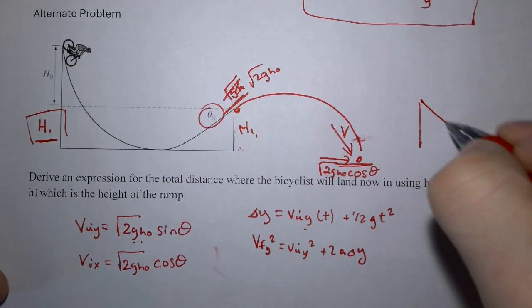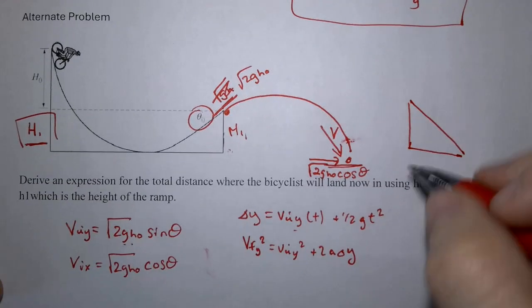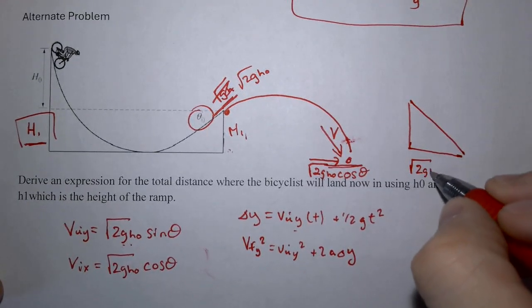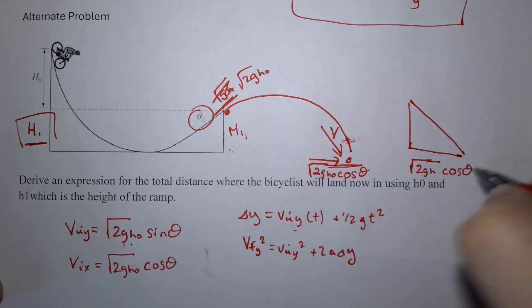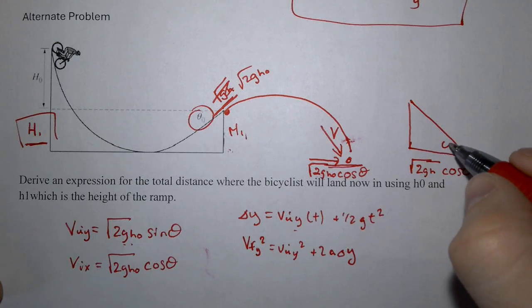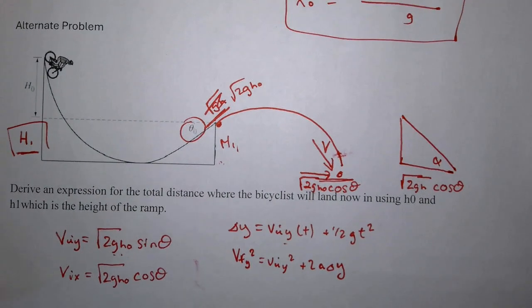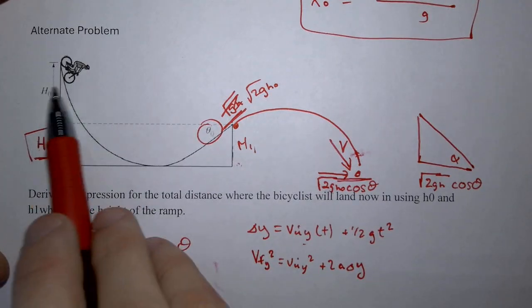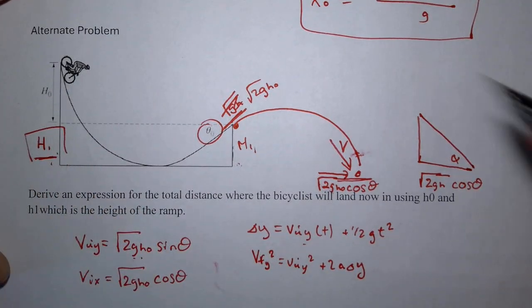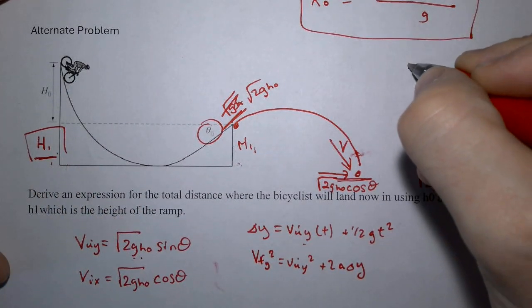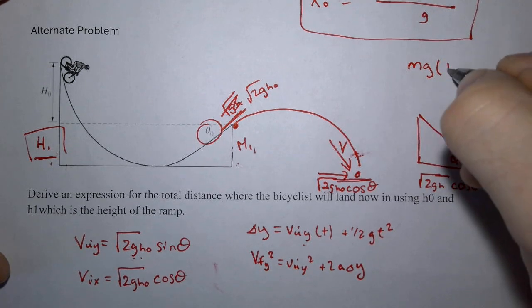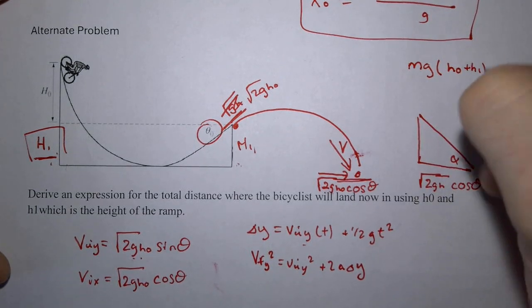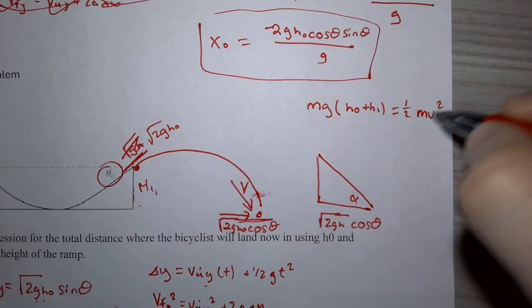So I'm going to redraw. We got square root of 2g h naught cosine theta. This is going to be a different angle. I'm going to call it alpha. All right. This speed in which it lands would be determined by the total height that it lost, which would be mg times h naught plus h1 would equal 1/2 m v squared.